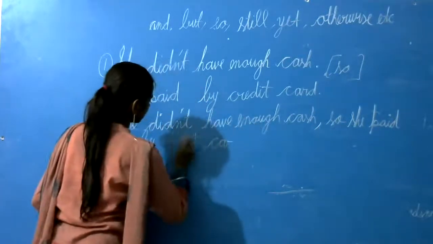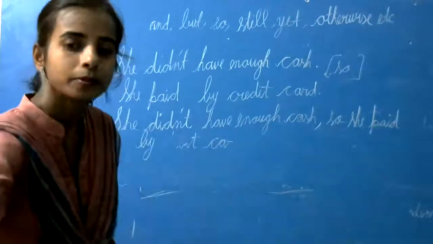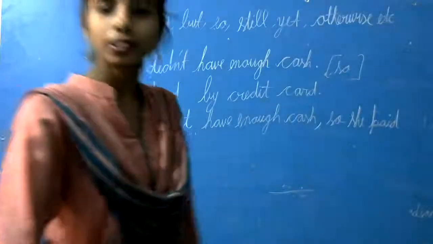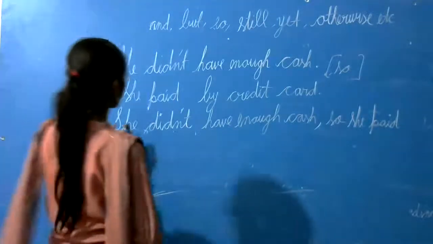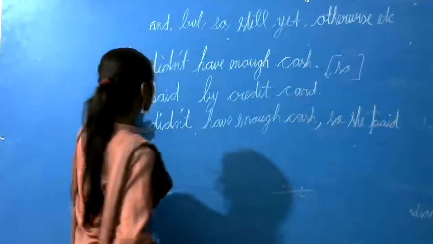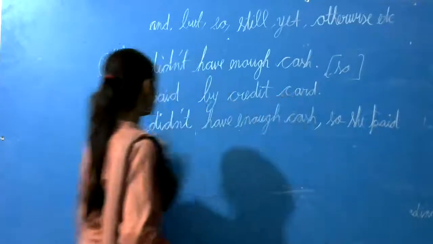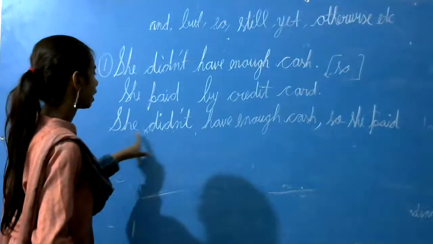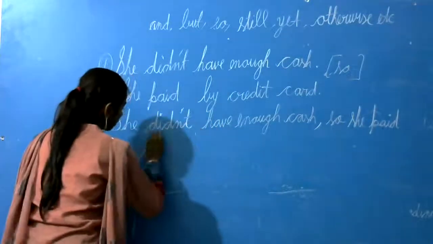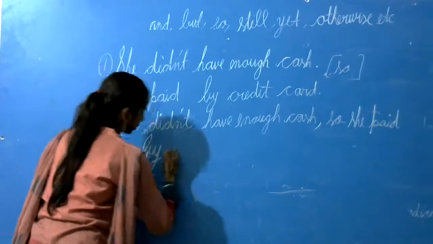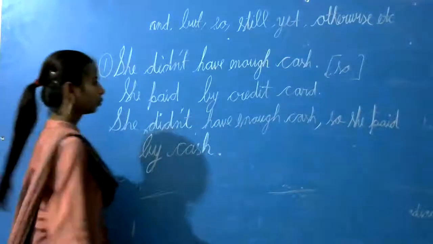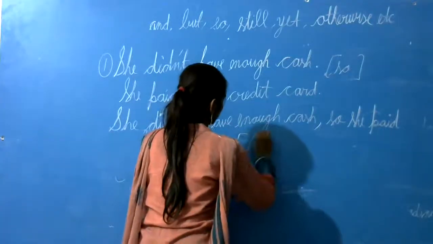Sorry, credit card. She didn't have enough cash is your first sentence. She paid by credit card is your second sentence. So I am joining it and making it a compound sentence. She didn't have enough cash, so she paid by credit card. Now this is your compound sentence.